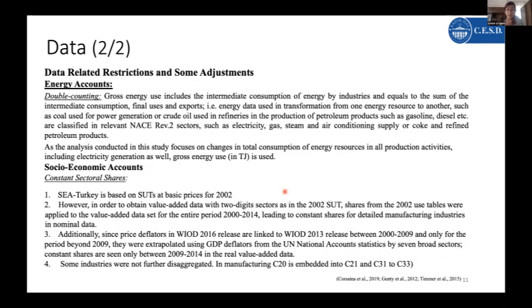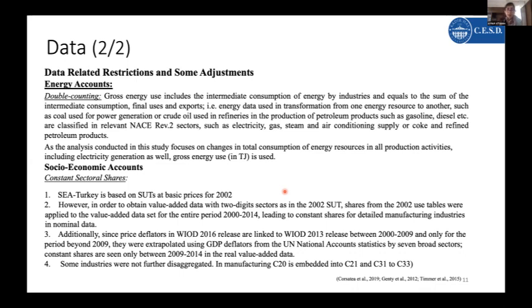In terms of data, I need to explain two other weaknesses or constraints. The first one is again related to the energy accounts. Energy accounts in this database have two alternatives: one is the gross energy use, and the other is the emission-relevant energy use. To carry out this study, I used the gross energy use.